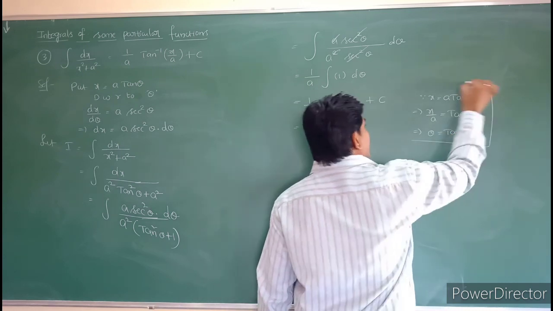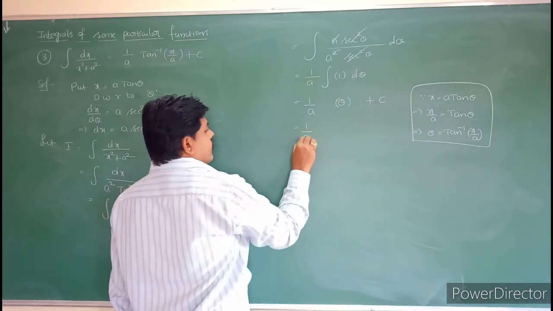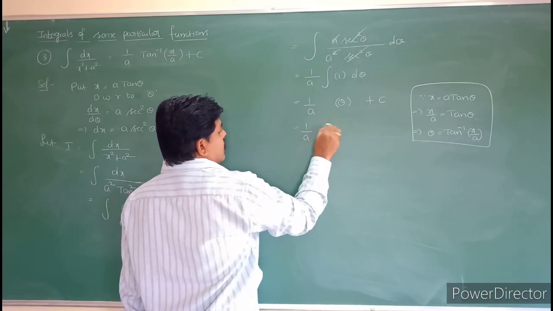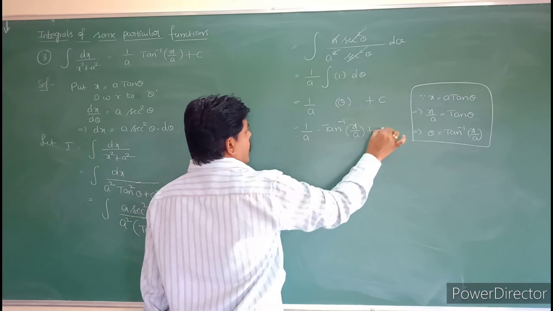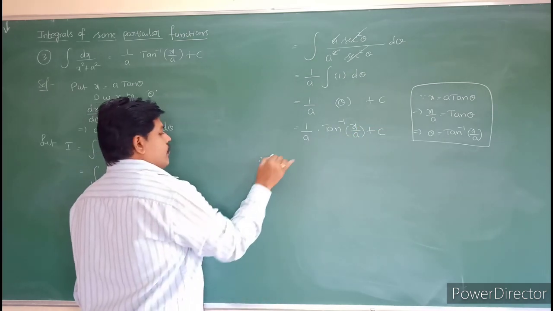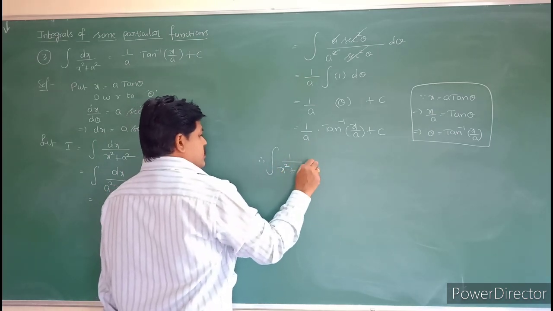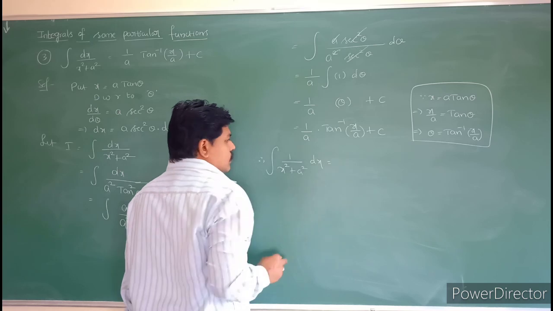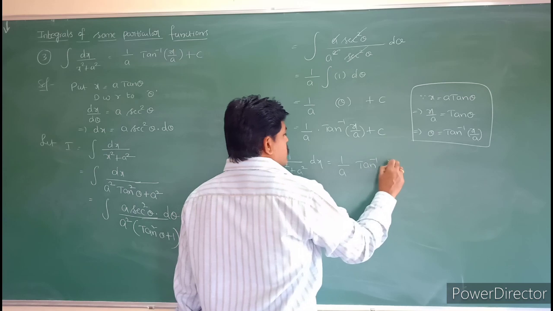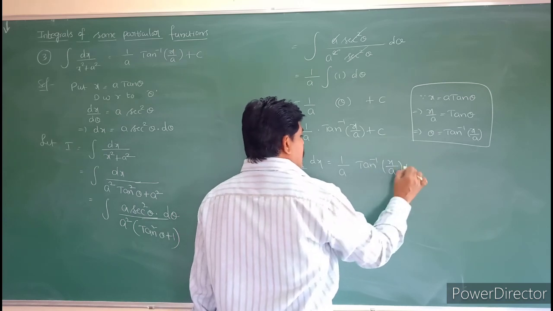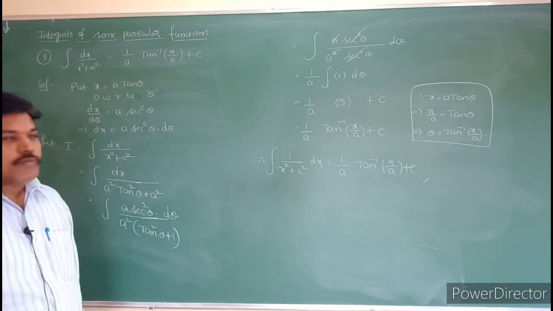Replace the value: 1 by a into tan inverse of x by a plus c. Therefore, the integral of 1 by x square plus a square into dx is equal to 1 by a into tan inverse of x by a plus c.